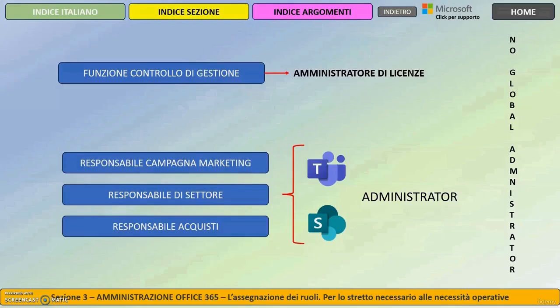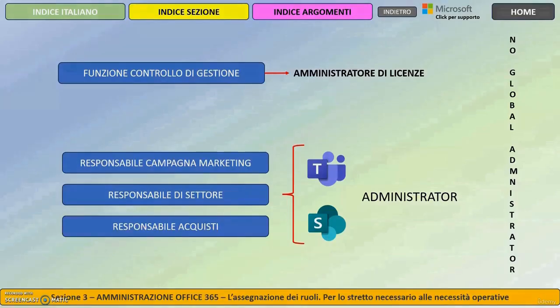Similarly, it is not necessary to assign the global administrator role, but the Teams and SharePoint administrator roles will be sufficient, which are obviously individual roles. This applies to the one who is responsible for a marketing campaign, who will have to manage the SharePoint site and the team with which to carry out the new campaign. For a business sector manager, for example, accounting or human resources management, who will manage the corresponding SharePoint site and the corresponding team in Teams.